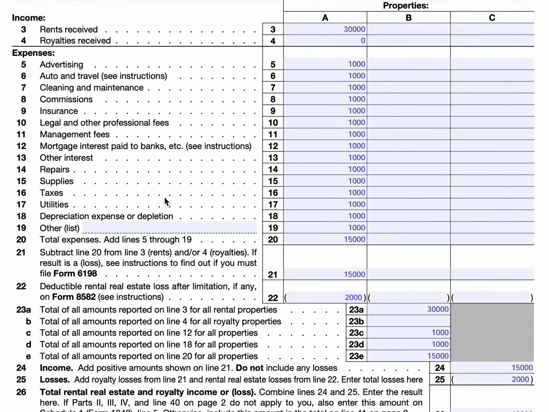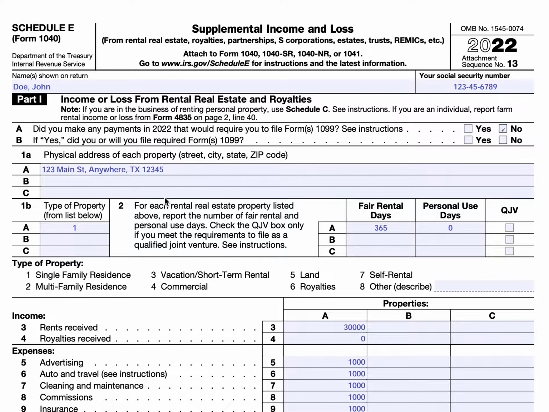So let's circle back to the top, and we'll start with our hero, John Doe, reporting income from all of these activities. We'll start with Part 1, his income or loss from rental real estate and royalties.